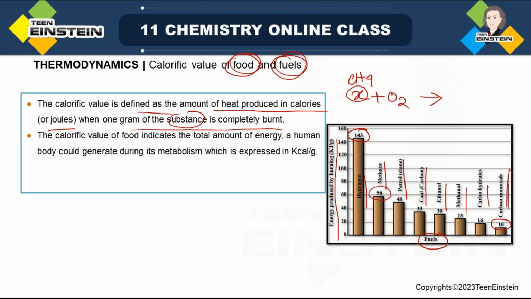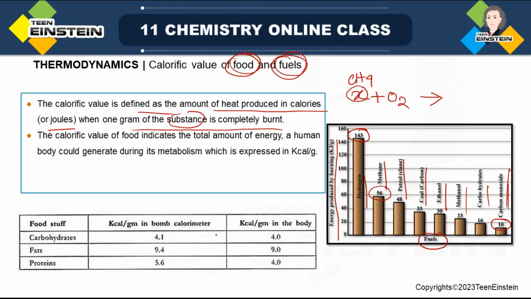The total amount of energy a human body could generate is also a kind of liberated energy, right? So for food and fuels, we use this calorific value. Higher calorific value means more heat will be produced.